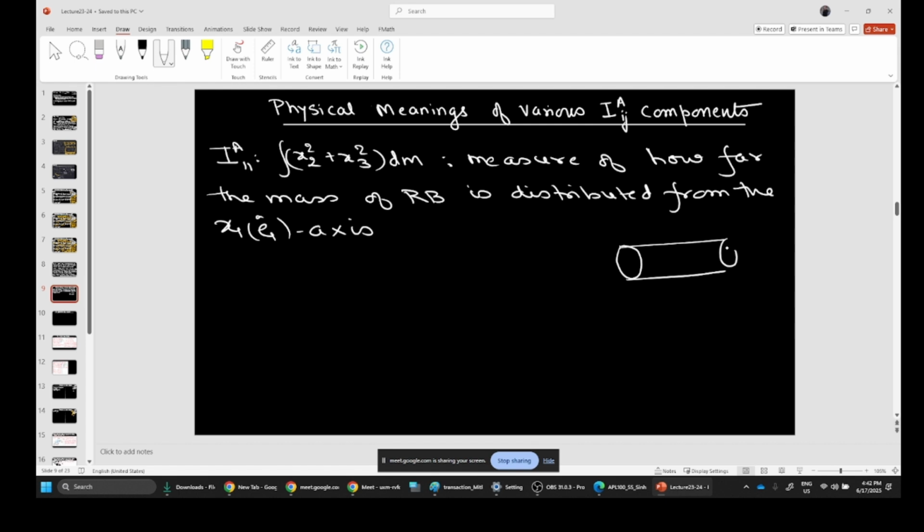Let us consider this cylinder. This is the body. And the point A is here.